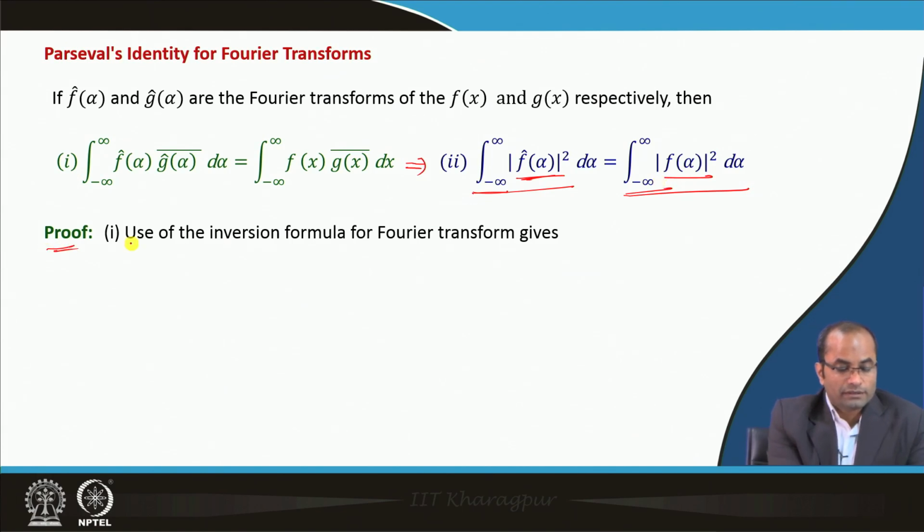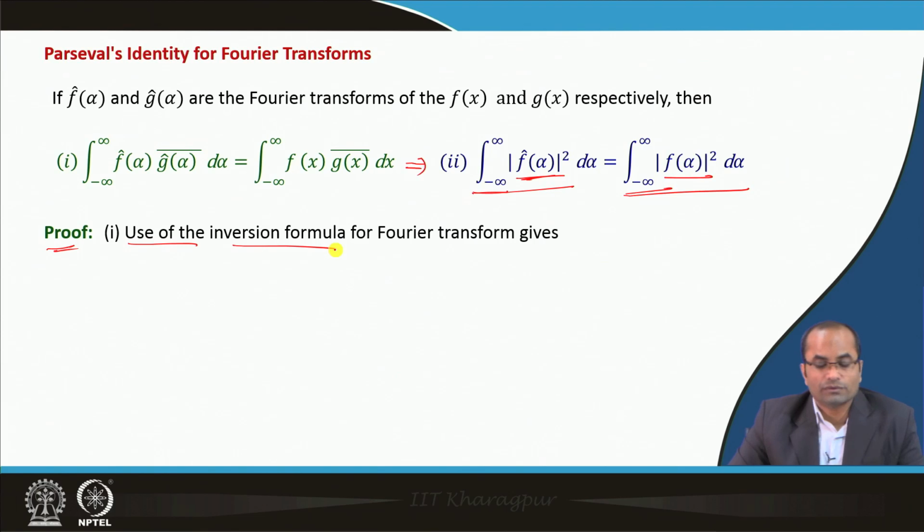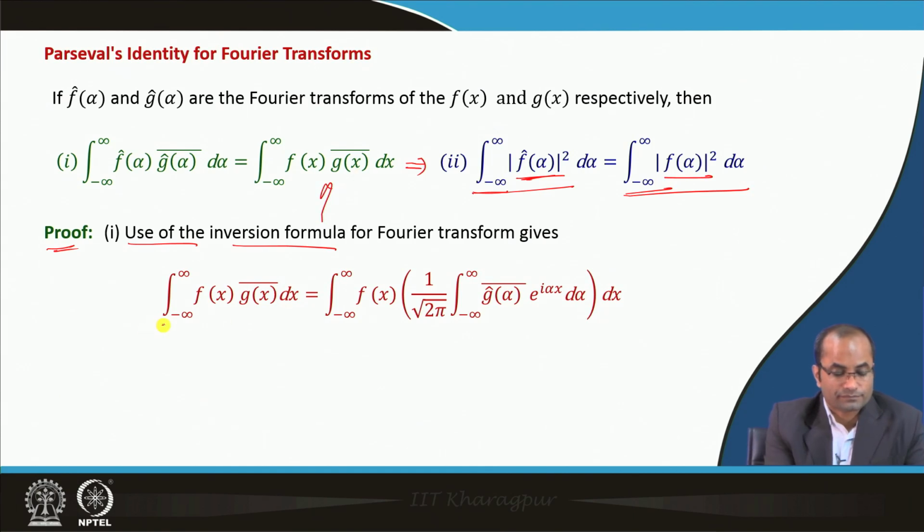Now we use the inversion formula for the Fourier transform to get back to these identities. That means, if we take the integral of f(x) times the complex conjugate of g(x) dx, from minus infinity to plus infinity, f stays as it is.